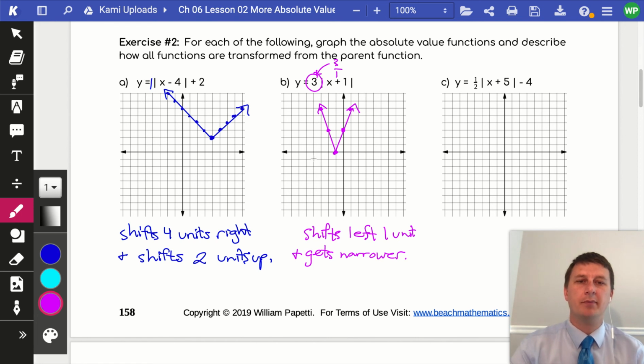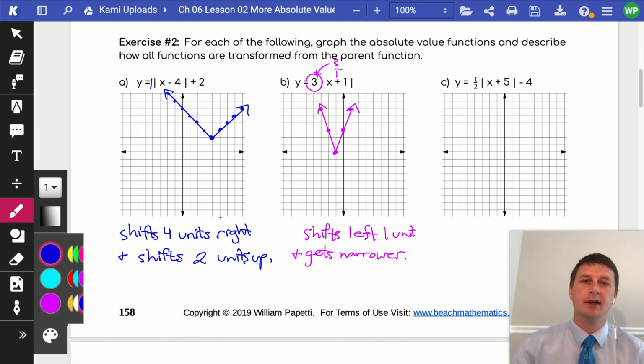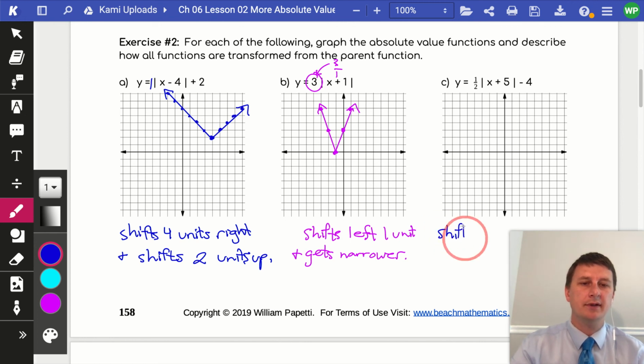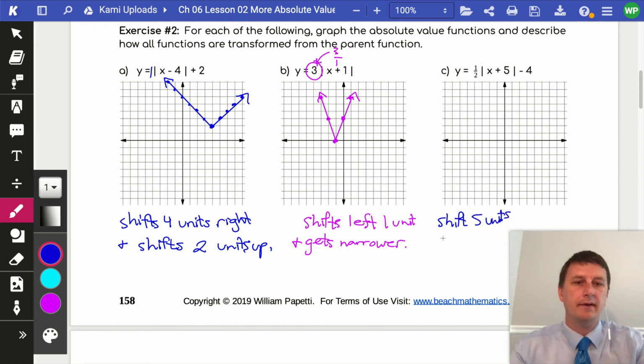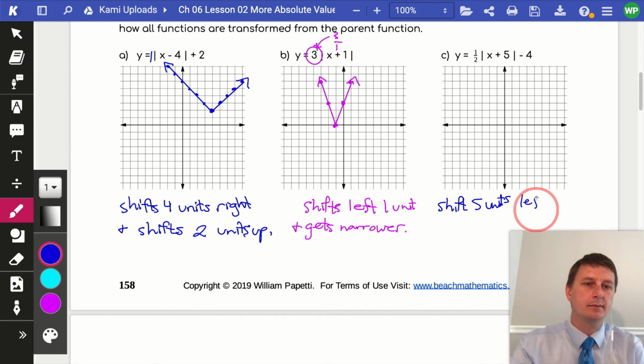Which brings us to our part C. And in part C, we have 3 things going on. We're adding 5 inside the absolute value, so it's going to shift 5 units to the left. It's also going to shift 4 units down because it's subtracting 4 on the outside.